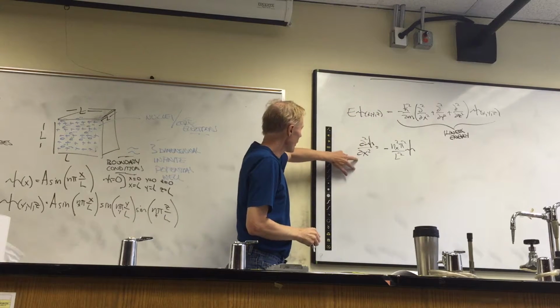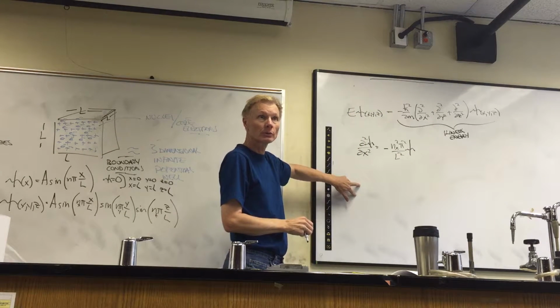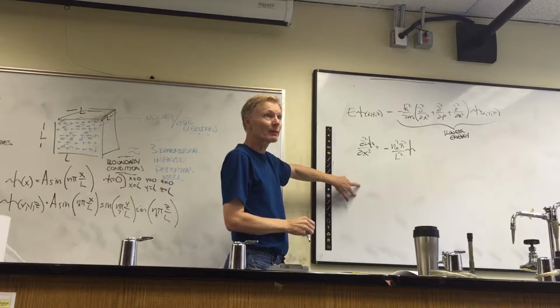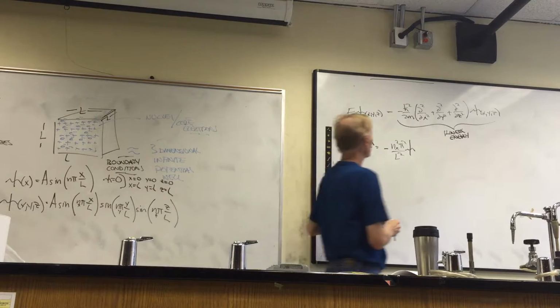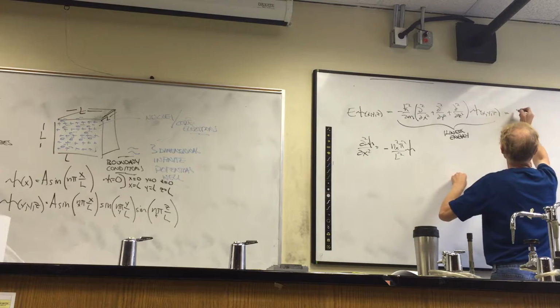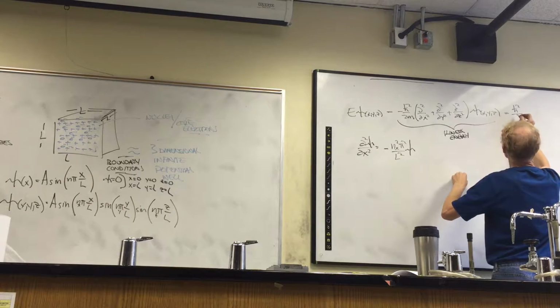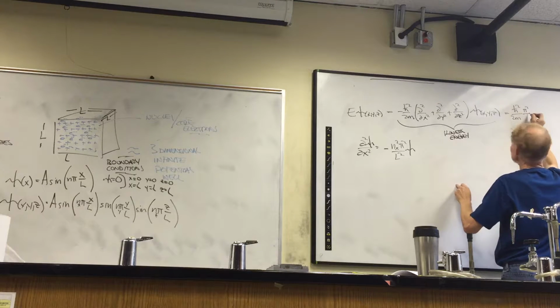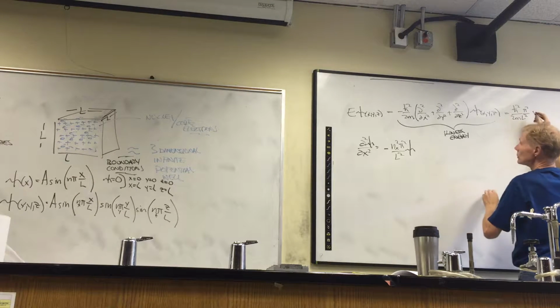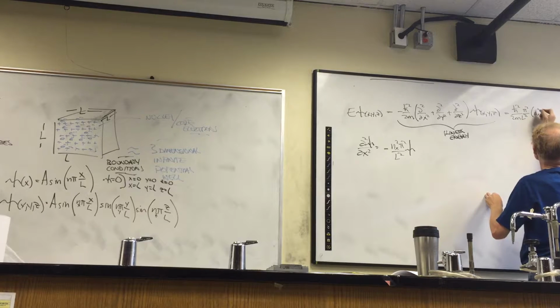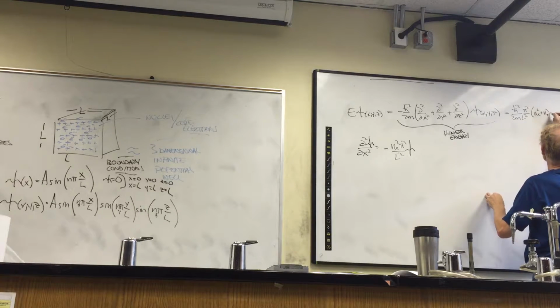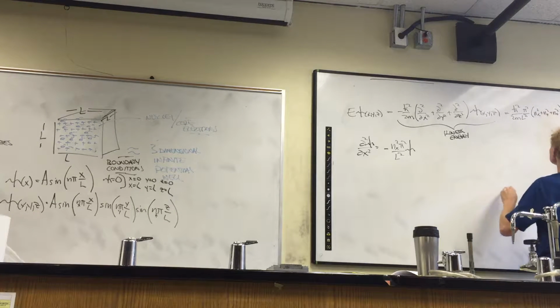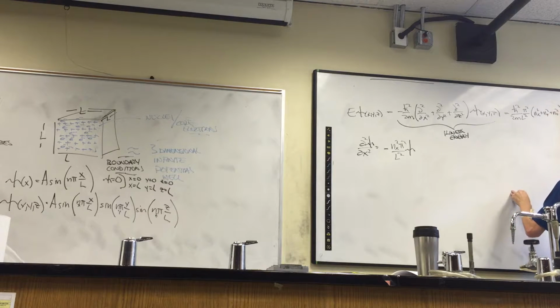What happens if I do this in the y and I do it in the z? The same thing will happen, right? So what will happen here is I'll end up with h bar squared over 2m pi squared over L squared times nx squared plus ny squared plus nz squared times the wave function back again.